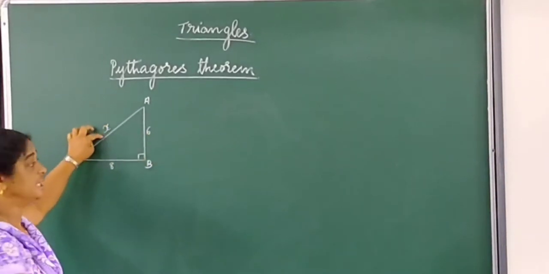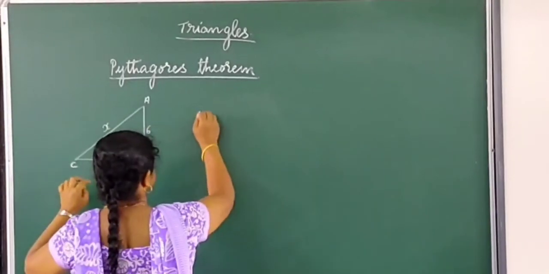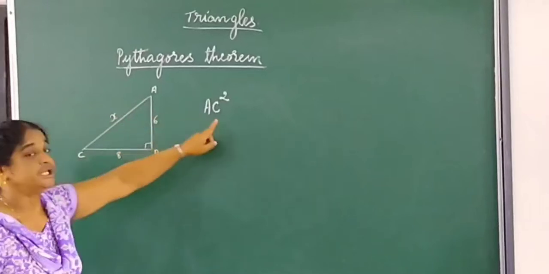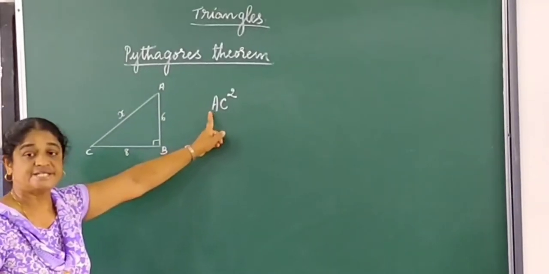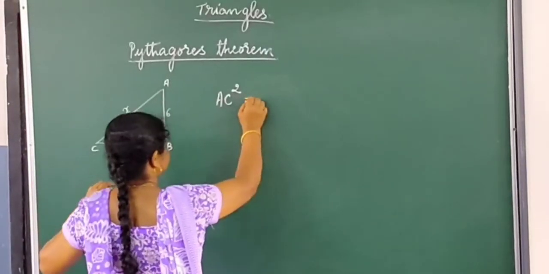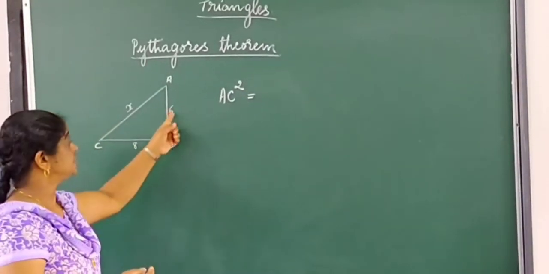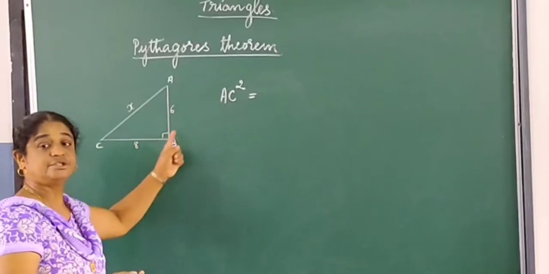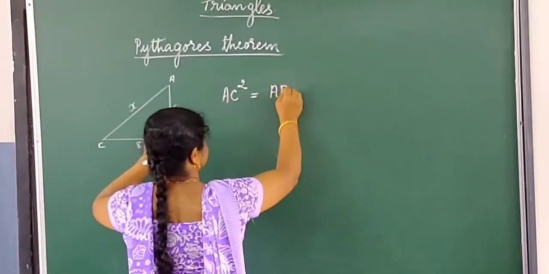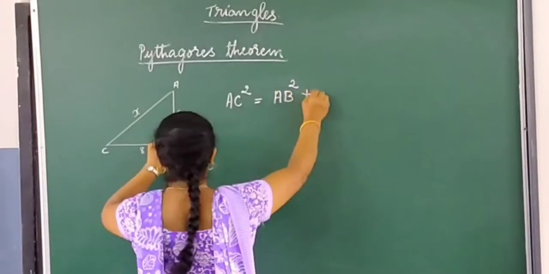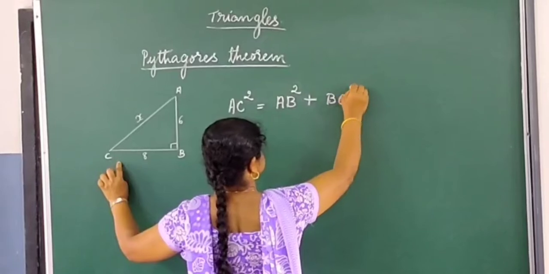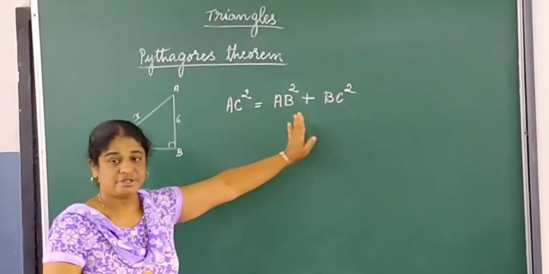The square on the hypotenuse, that is AC square, is equal to the sum of the squares on the other two sides, that is AB square plus BC square. This is the Pythagoras theorem.